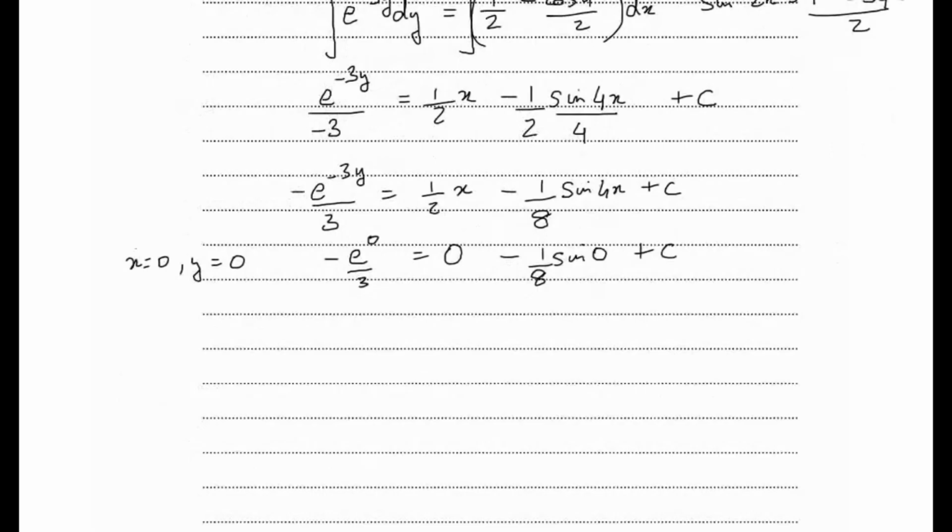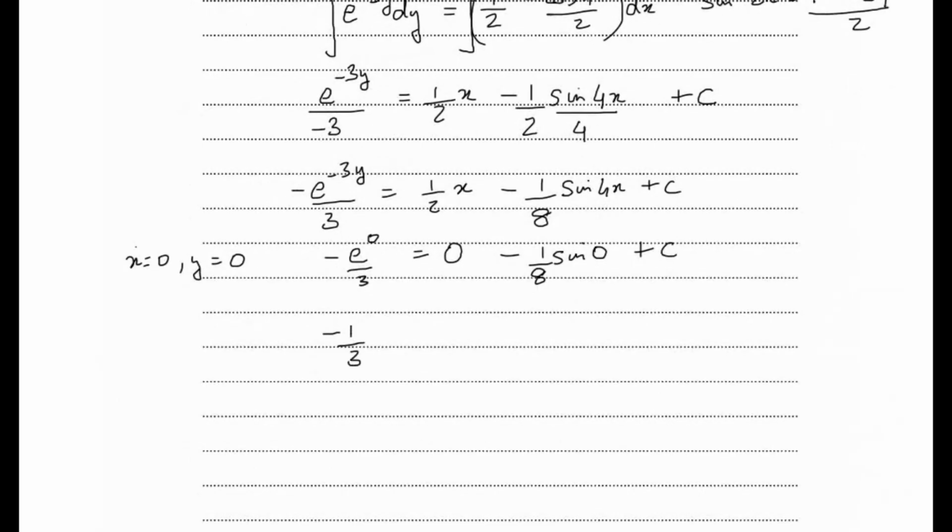So that gives us negative 1 by 3, because e to the power of 0 is 1, is equal to negative 1 by 8. Sine of 0 is 0. So basically c is negative 1 by 3, which we then replace in the original equation. So the original equation is right here.